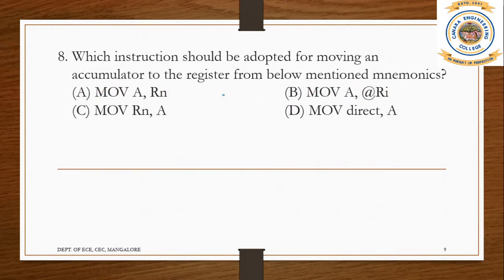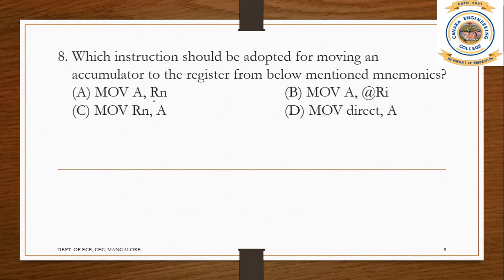Next question is, which instruction should be adopted for moving the accumulator to a register from these many instructions? You just need to identify which general instruction given here will help you in moving the accumulator to some register. This is just to check whether you have a good idea of source and destination in mnemonics.